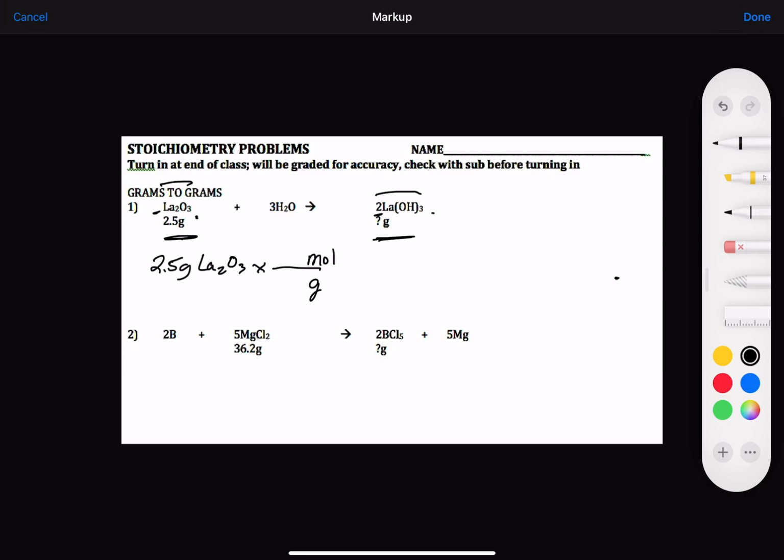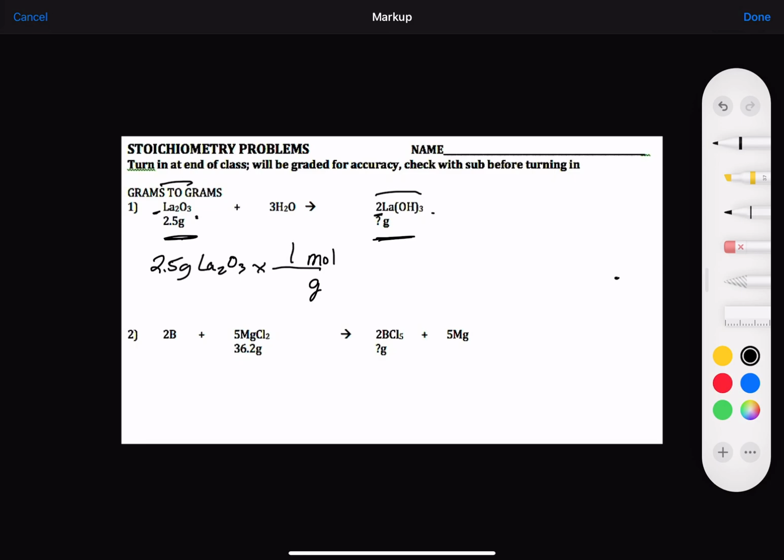That's like how you get from quarts to cups. This is how you go from lanthanum oxide to lanthanum hydroxide, by looking at the coefficient, the ratio. So we are converting lanthanum oxide to moles because then we can use that coefficient to go from lanthanum oxide to lanthanum hydroxide.